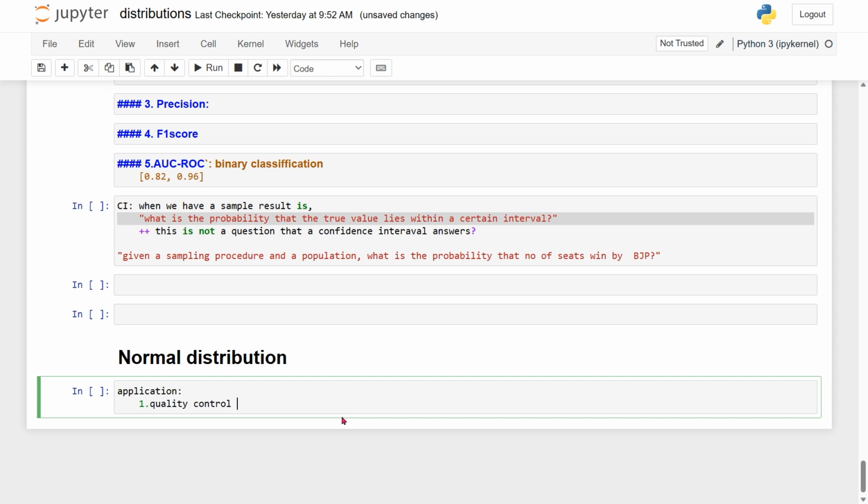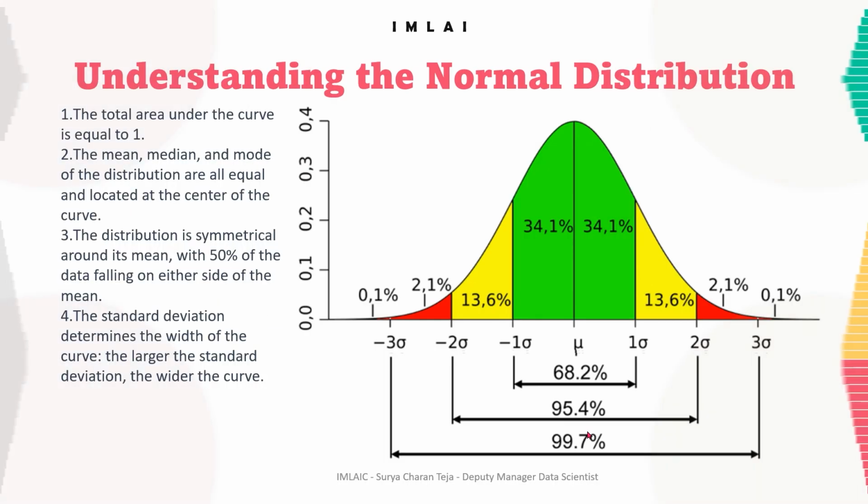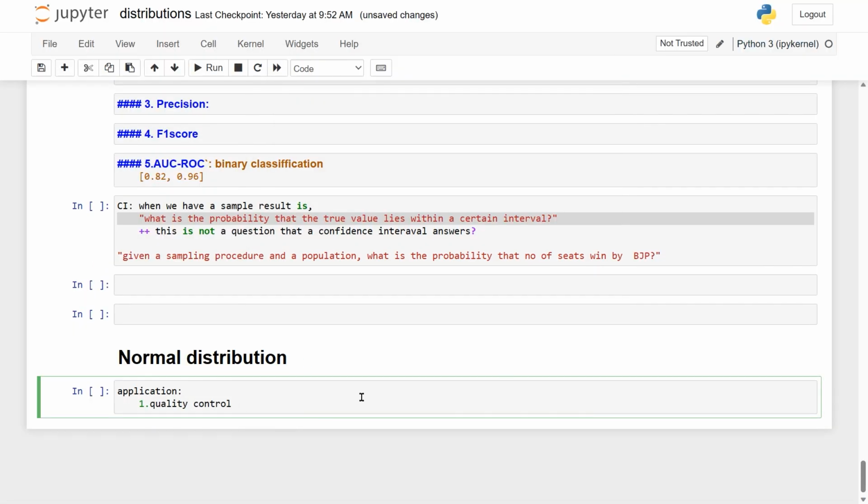Now data science came, but for decades they have been using this sigma in quality control, and they have the concept called six sigma. We have only 3 sigma here, but some companies have gone to such an extent that they have 3 sigma, 4 sigma, 5 sigma, 6 sigma, so that they can reduce the damaged components delivered to the customers.